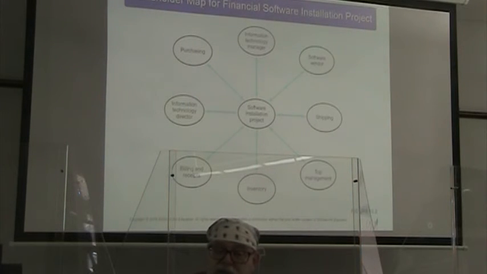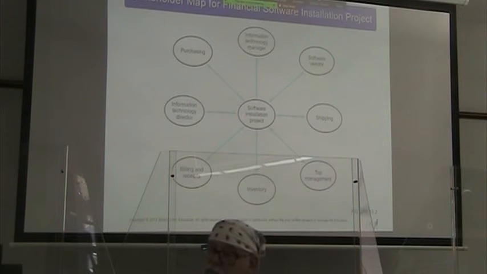The information technology manager, obviously, is going to be a big stakeholder, because if this software doesn't work well, if it's very glitchy, he's got a big amount of influence riding on whether it works well or not.